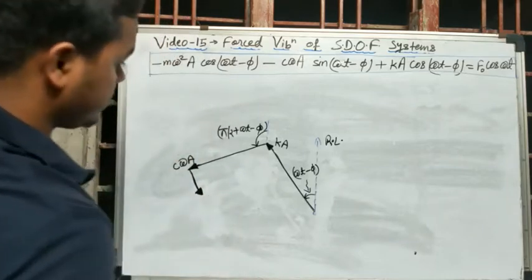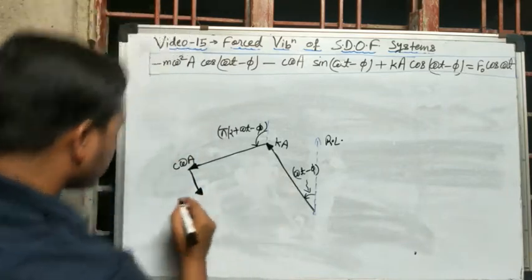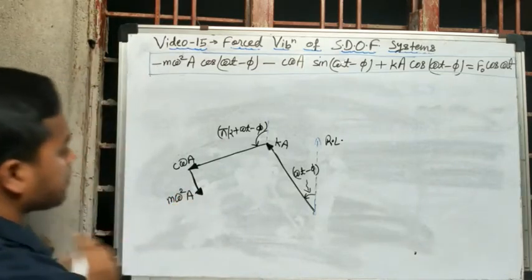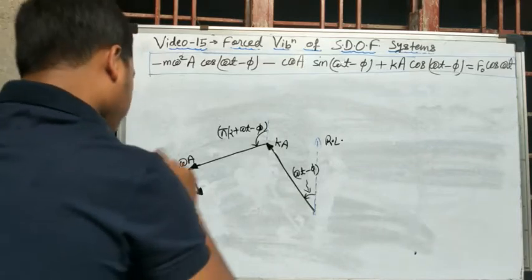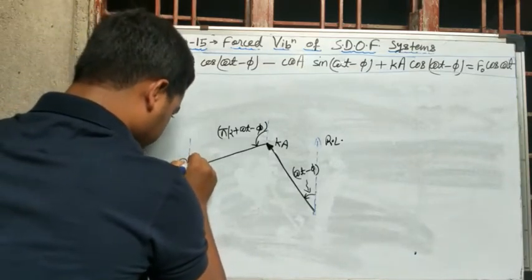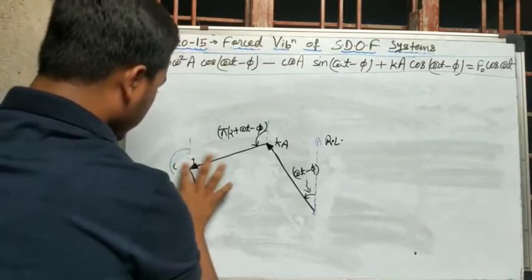This is the force. So both are parallel. And how much is this force? M omega square a. Now, from the reference line, from the vertical axis, what is this angle?